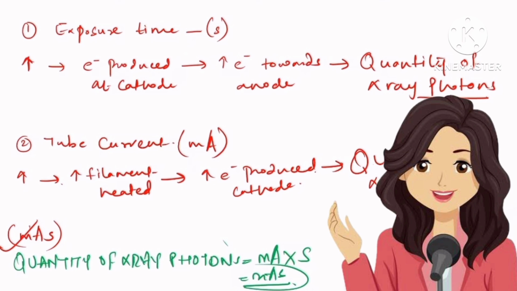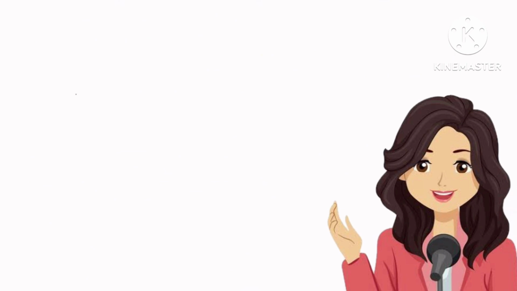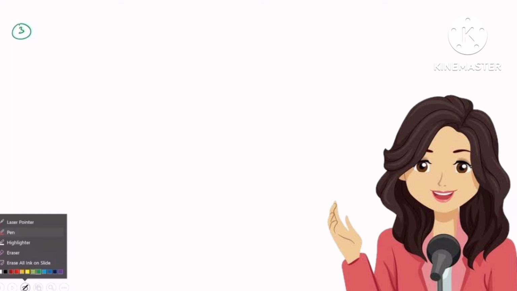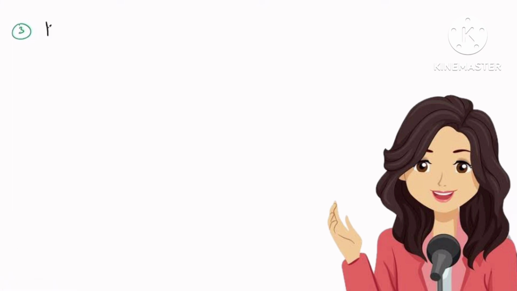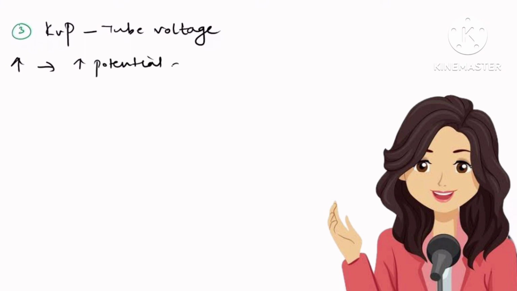All right. Then the next factor which influences X-ray production is your KVP, which is tube voltage. Now, when you increase the tube voltage, there is increased potential difference between anode and cathode.